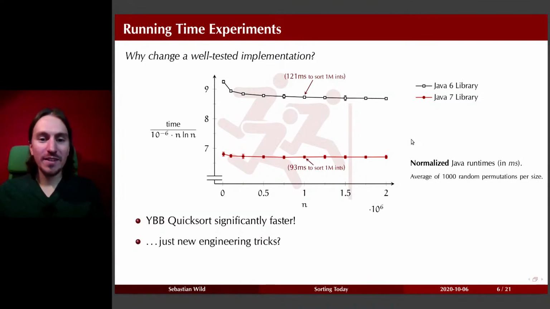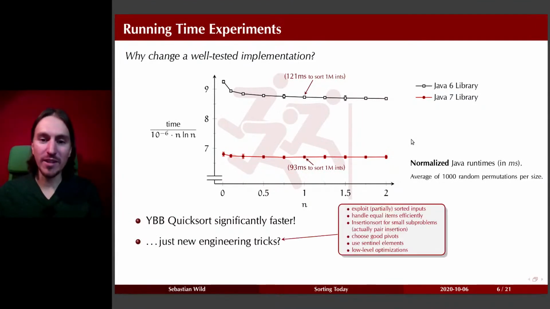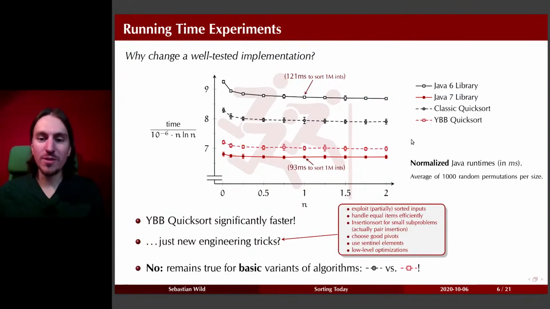I should say that library methods are not the textbook algorithms that you learn in an introductory algorithms class. They have lots of bells and whistles added. And here are some that are used in this library. But in this case, it's not true that these make the difference. If you take away all these extra additions to the core algorithms, I will show code for the core algorithms, and it fits on a slide.